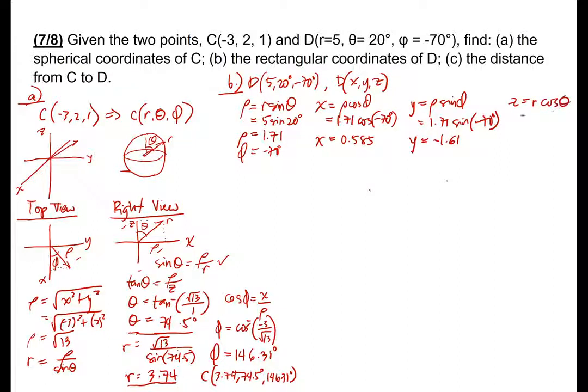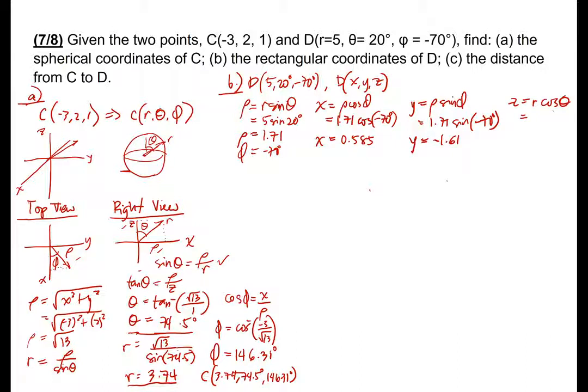Or you can use the tangent, rho over tangent theta. But the simplest one is R cosine theta. By looking at the right view, with basic trigonometry, you can solve for Z.